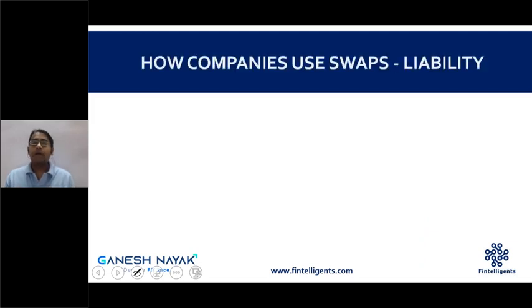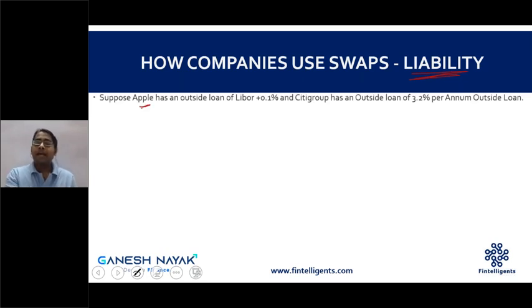So let's move on to how exactly a swap is used in real life by a company. Suppose a company has a liability, that means a company has already taken a loan, and how they use a swap to transform it, to convert it into a different liability. Let's look at the example. Suppose Apple has taken a loan from outside. It has already entered into a contract with a bank wherein it has agreed to pay LIBOR plus 0.1%.